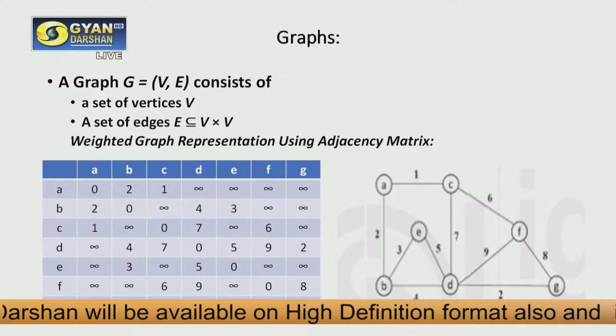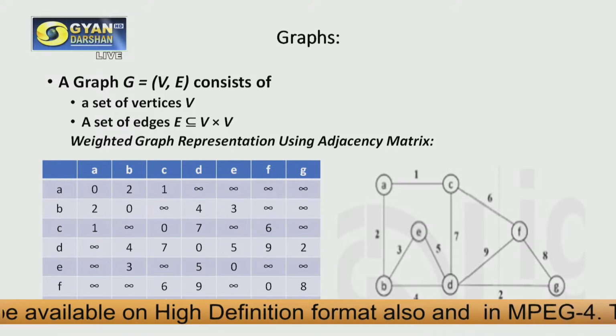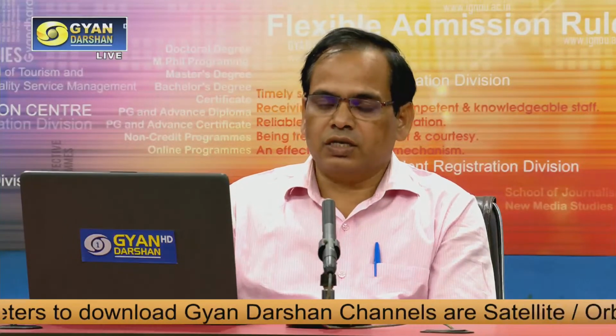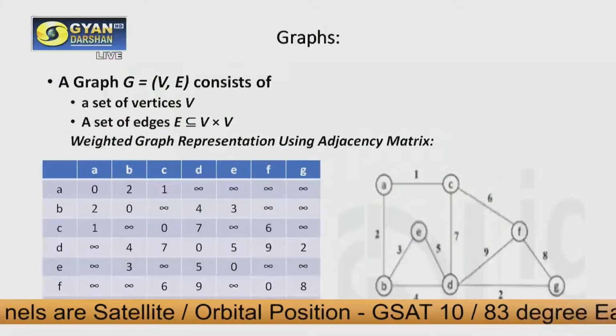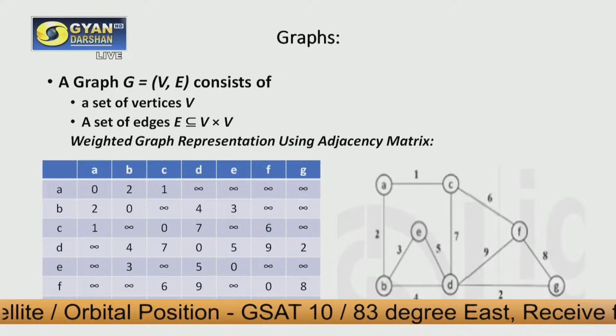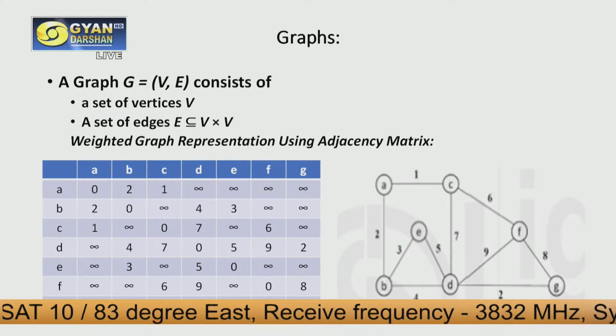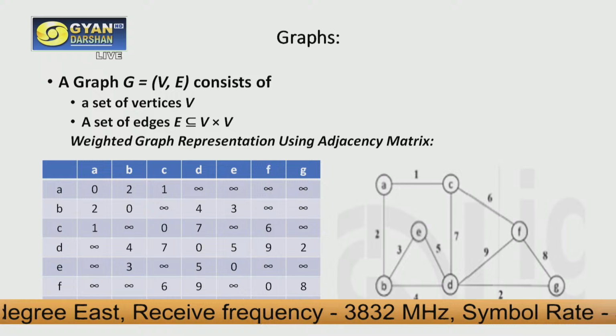In this way we represent the entire graph using the adjacency matrix. Similarly, the adjacency list is used, in which a linked list is maintained for each node. A separate linked list represents the nodes or vertices which are reachable from that particular vertex.